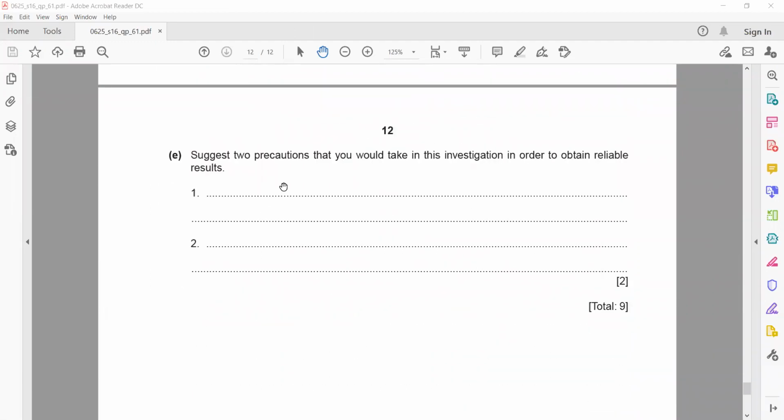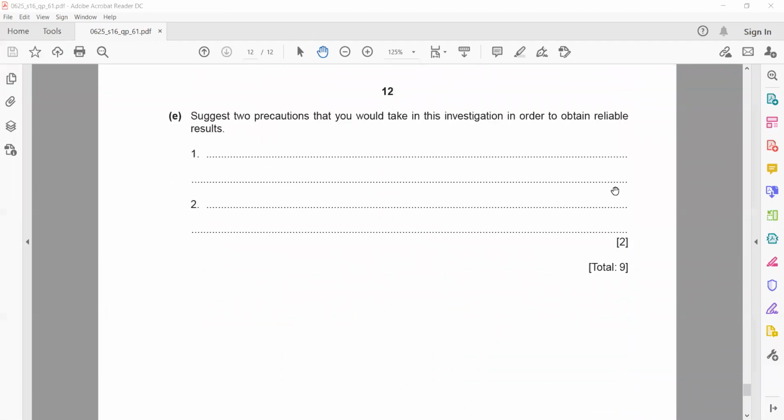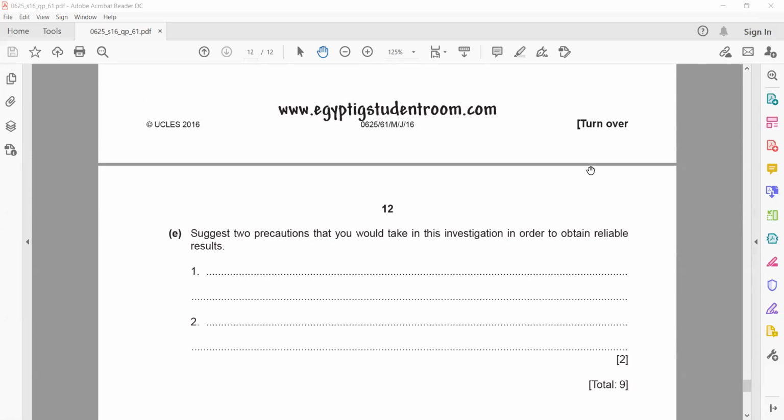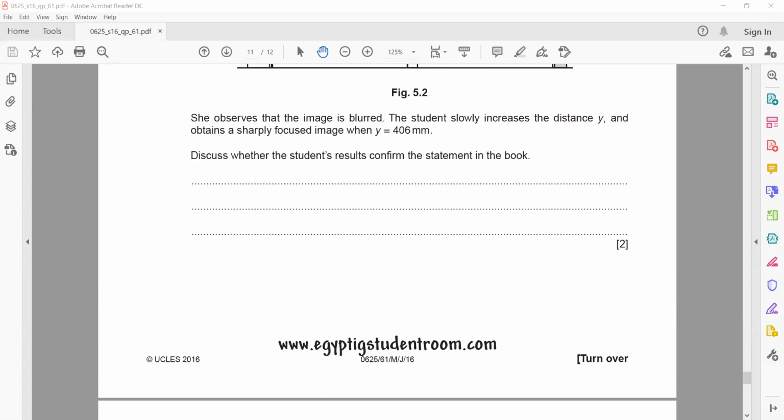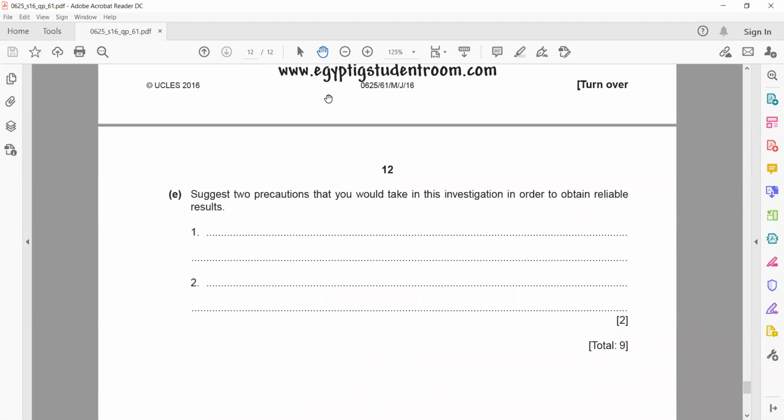Then suggest two precautions that you take in the investigation in order to obtain a reliable result. It's better you learn these precautions for the accuracy of the light experiment, because they will remain the same. You have to write only two, but I will write all of them.